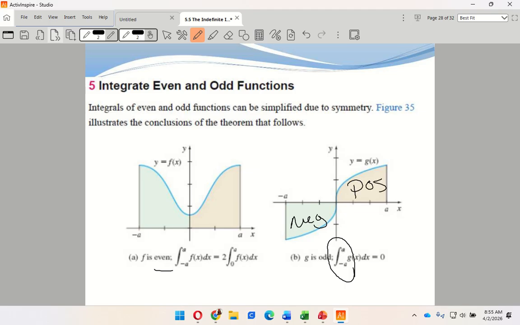If it's top minus bottom, it should come out to be 0. Right? Okay. And this one right here is an even function. If we know it's even, we can rewrite this to go from here going this way and just say 2 times this.